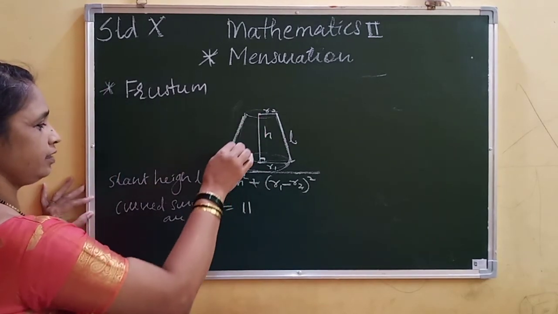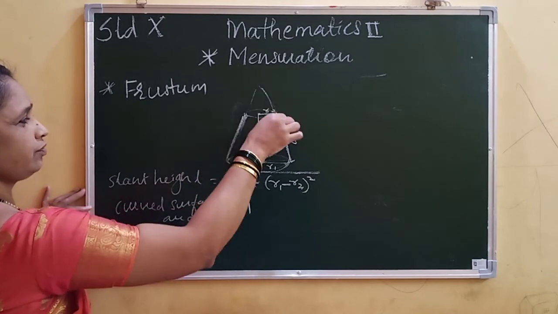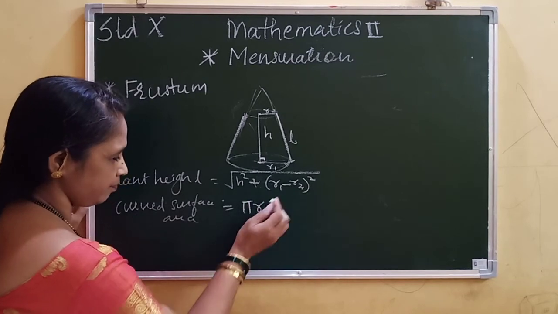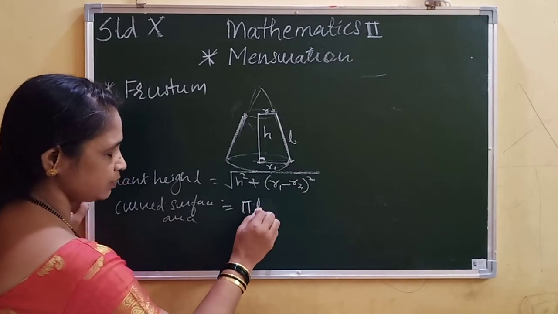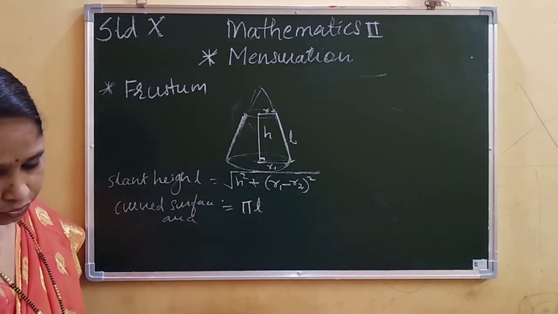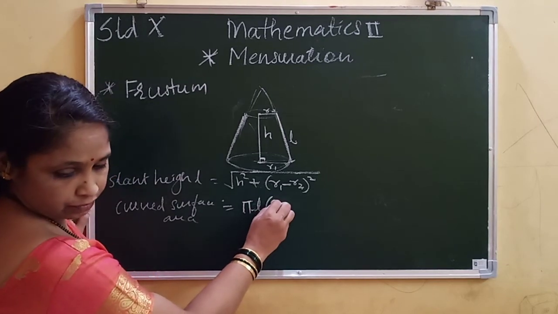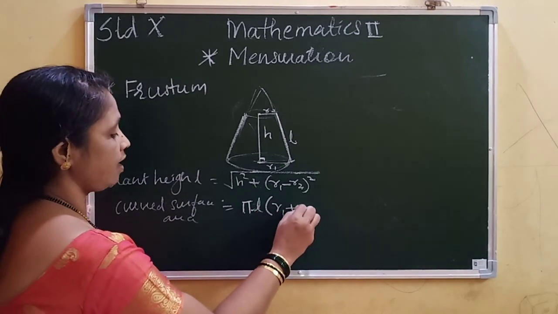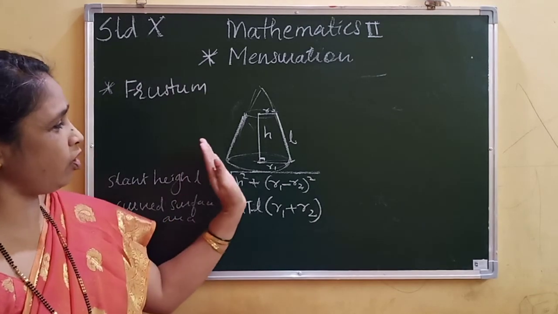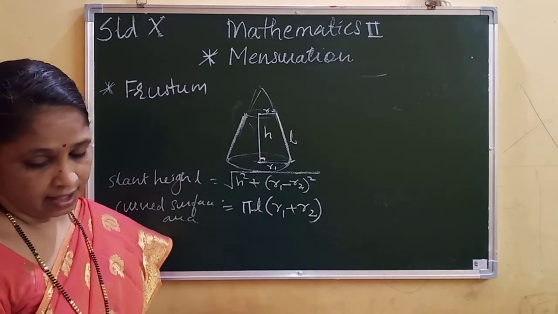It looks like a cone, which we have seen. So pi r L. Now what is r here? Here we have to add R1 plus R2. So the curved surface area of this will be pi L times R1 plus R2.